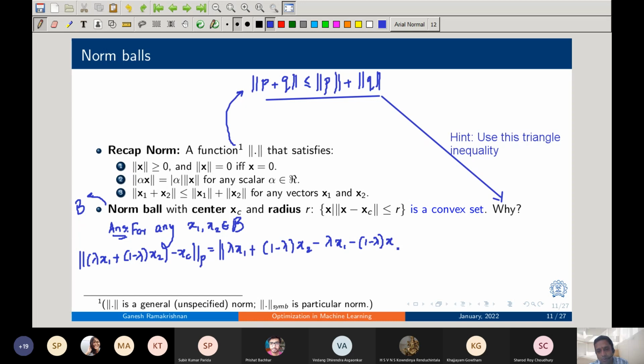Lambda plus 1 minus lambda is 1, and I'm just using this p norm. Then if I further rearrange, I'll bring these terms together, lambda x1 and lambda xc, and the other two terms together. It's still an equality. So I'll have lambda (x1 minus xc) plus 1 minus lambda (x2 minus xc).